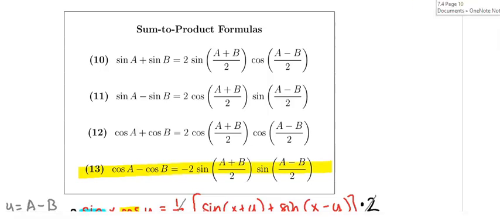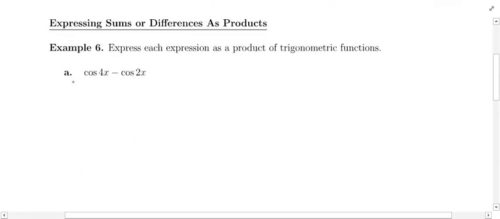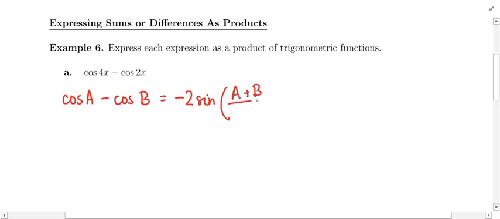I'm going to write that down because that is what we are going to use. We know that the cosine of A minus the cosine of B is equal to -2 times the sine of A plus B divided by 2 times the sine of A minus B divided by 2.